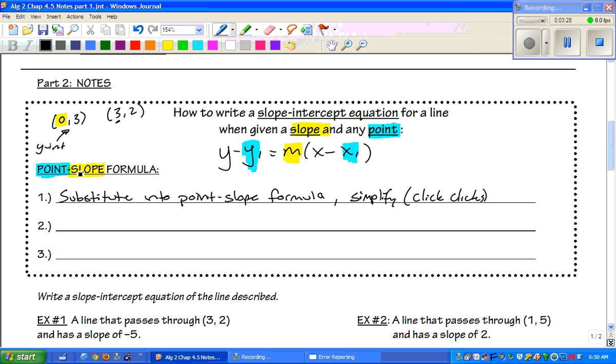So you have to do that first. Once you're done with that, you're going to distribute the m, and then the last step is to solve for y, because you want y by itself, so it goes into y equals mx plus b.